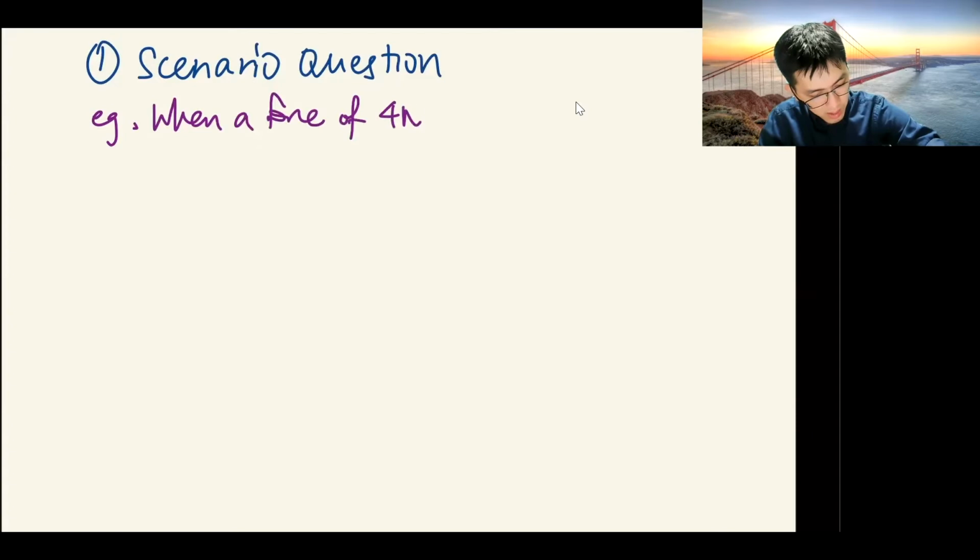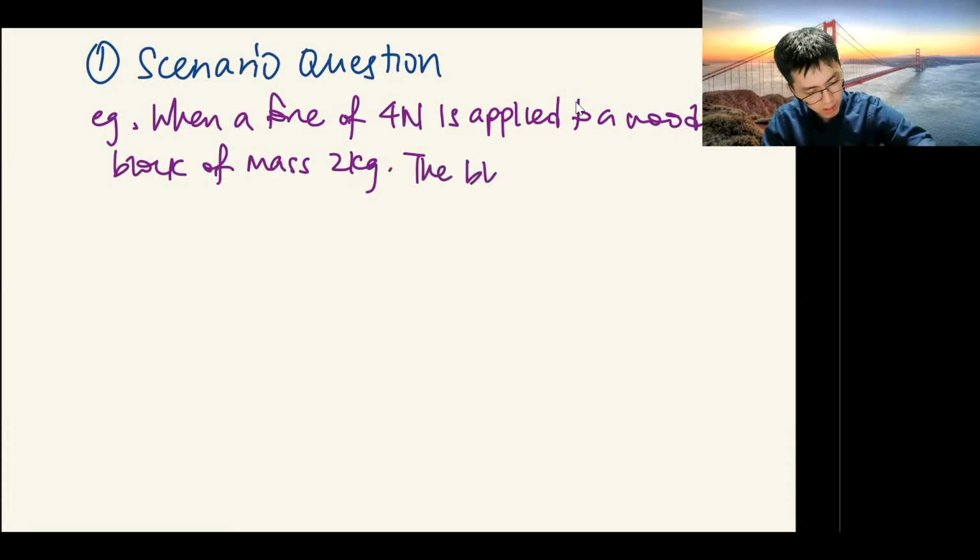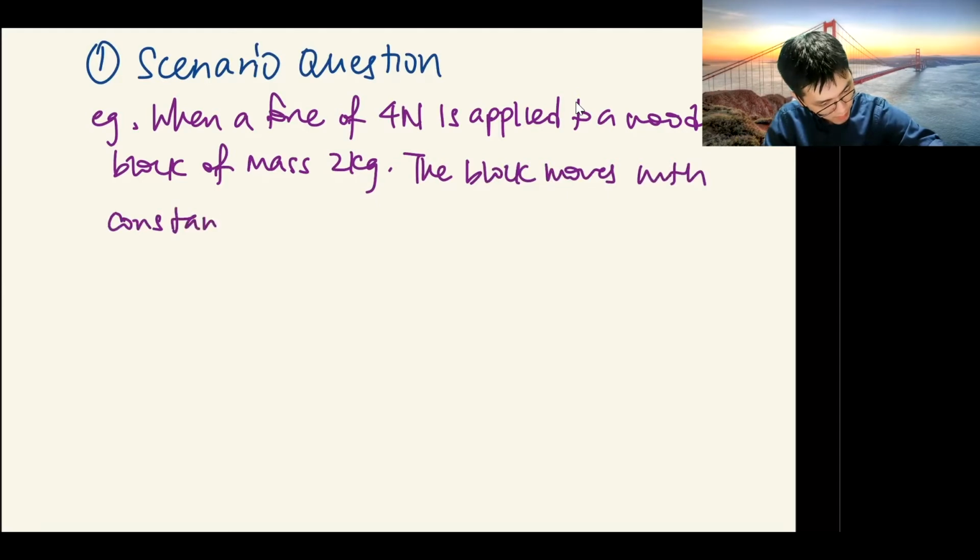When a force of 4 newtons is applied to a wooden block of mass 2 kg, the block moves with constant velocity.